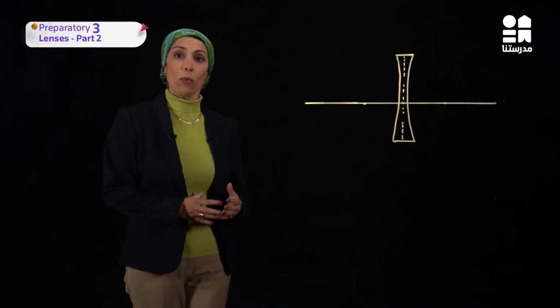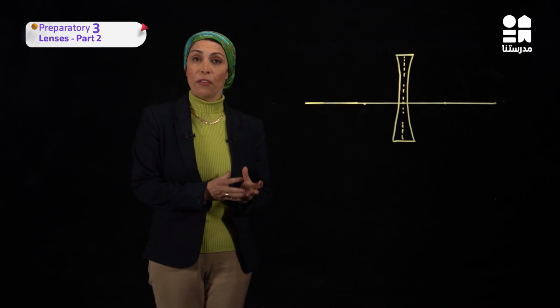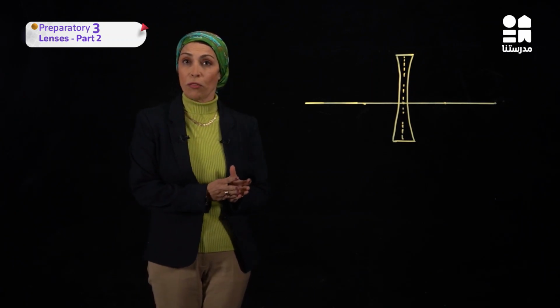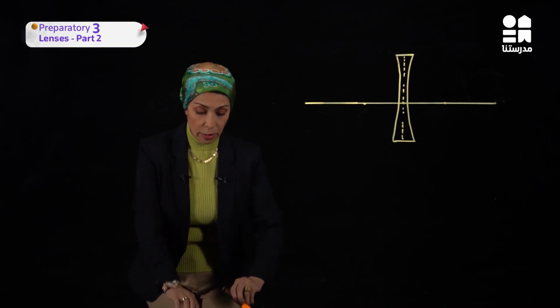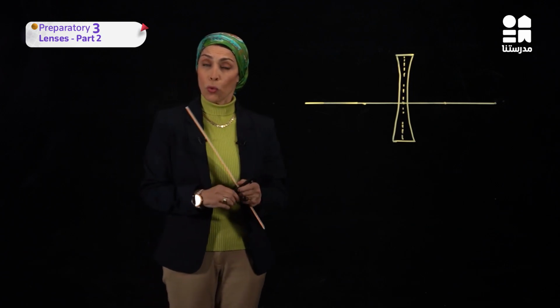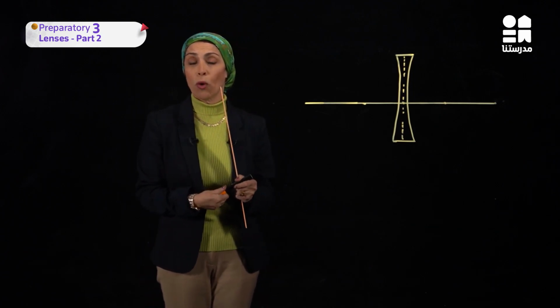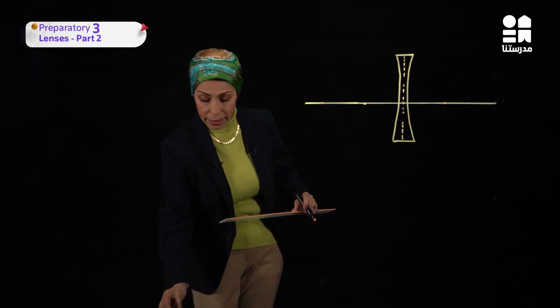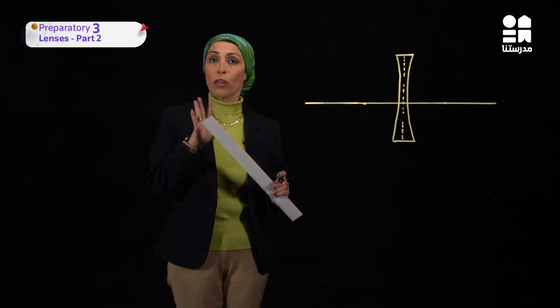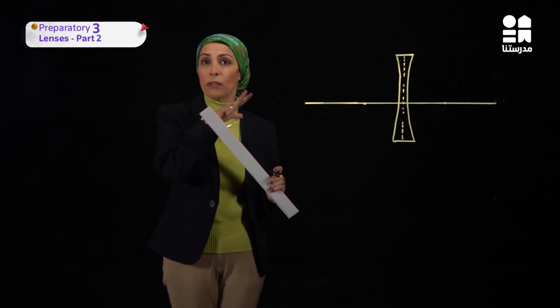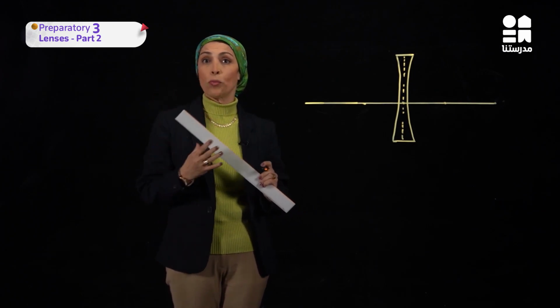Let's see now how we can start to draw the image forms in this case of the lens. We said before that if we start to draw, we are going to know where we are going to put the object. And here in this case, whatever we put the object, you have the free way to put your object.